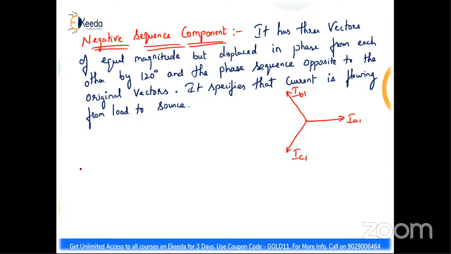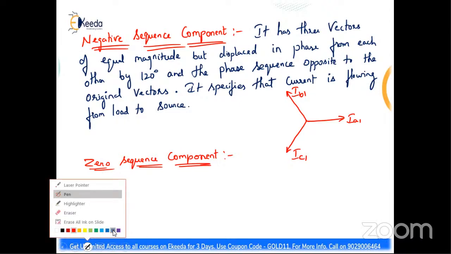So next is the zero sequence component. It has three vectors.